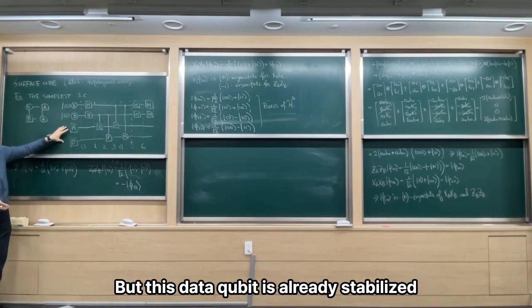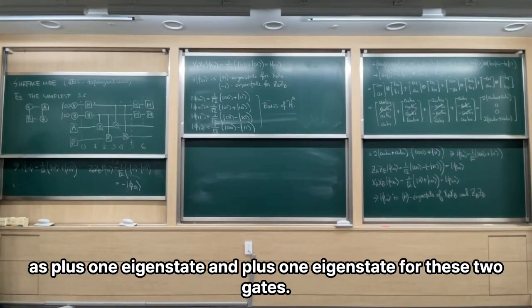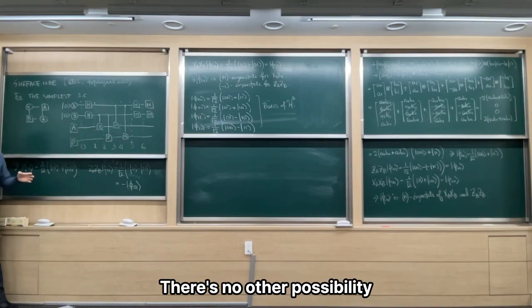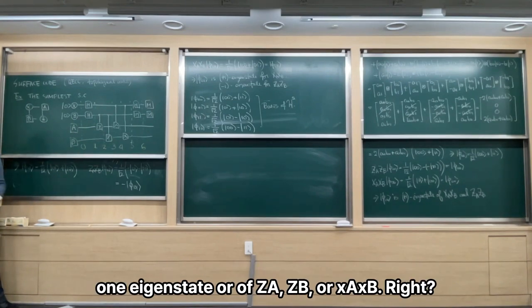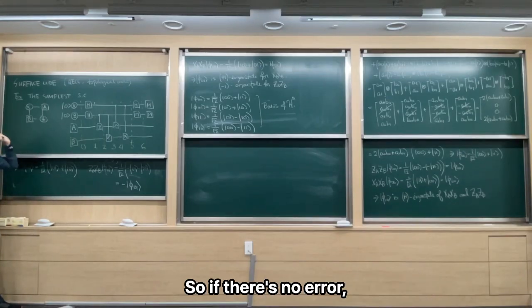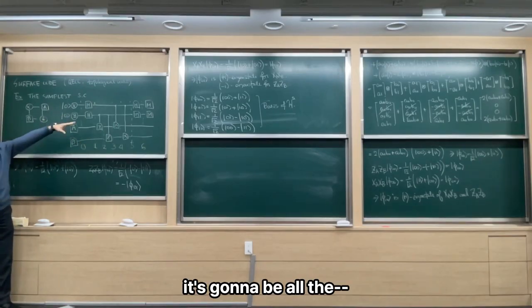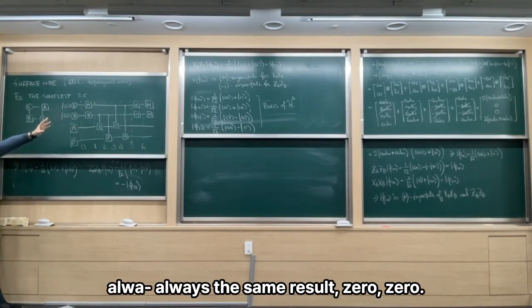But this data qubit is already stabilized as plus 1 eigenstate for these 2 gates. There's no other possibility of getting minus 1 eigenstate of ZA, ZB, or XA, XB, right? So if there's no error, whenever you apply this circuit, it's always going to be the same result, 0, 0.